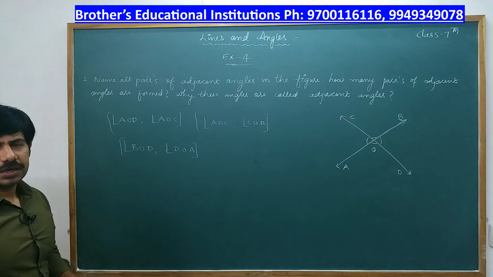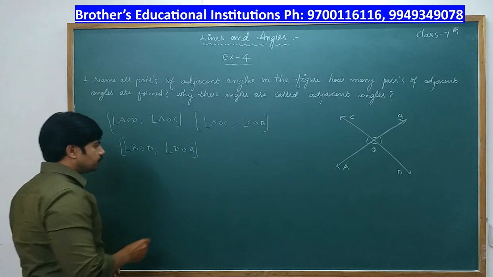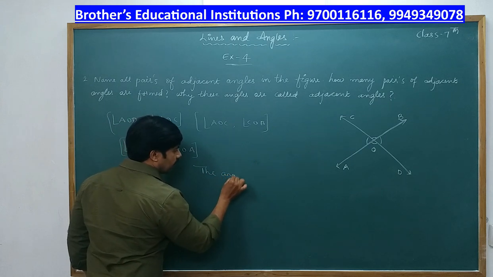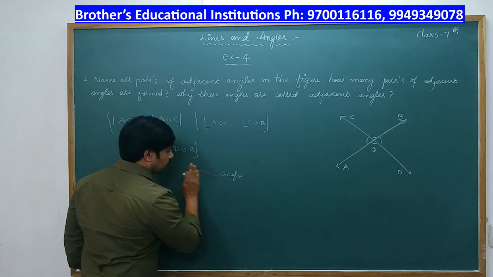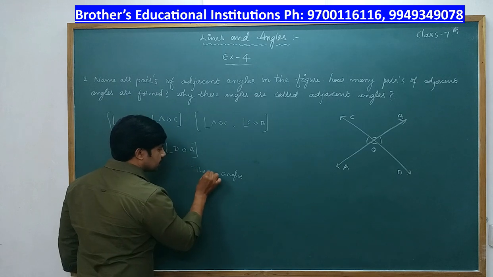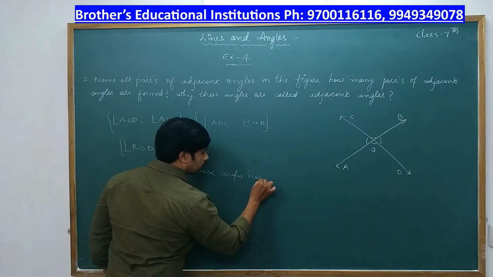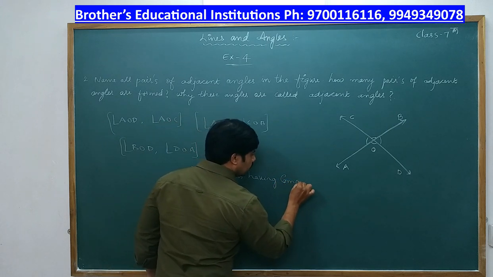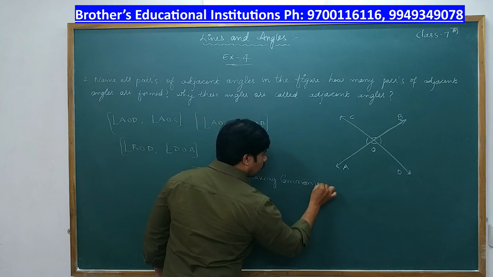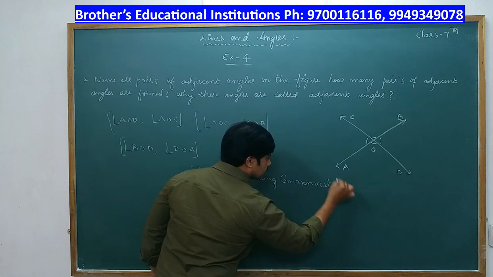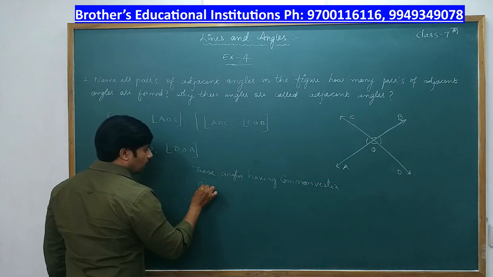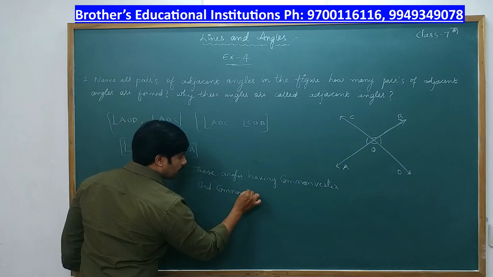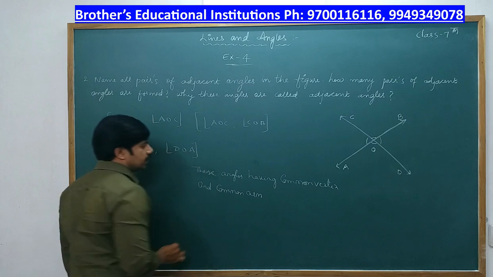Now why are these adjacent angles? The reason is these angles have a common vertex and a common arm, so they are adjacent angles.